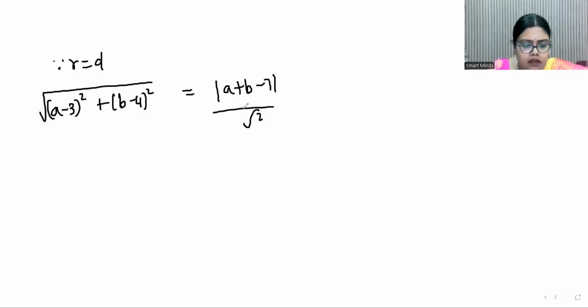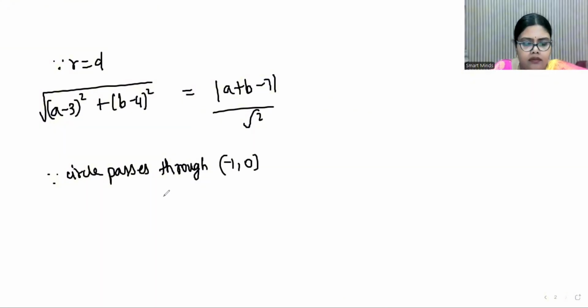Now we have to set up the equation. Now since the circle passes through minus 1 comma 0, what do we get?